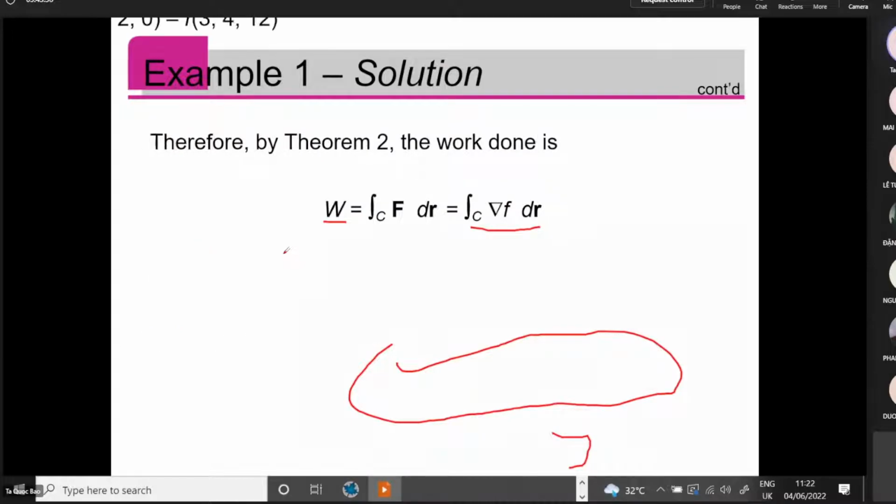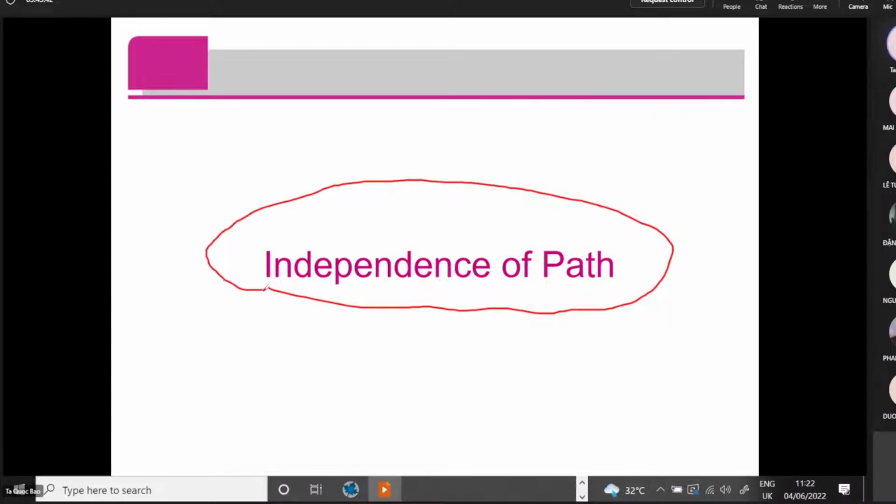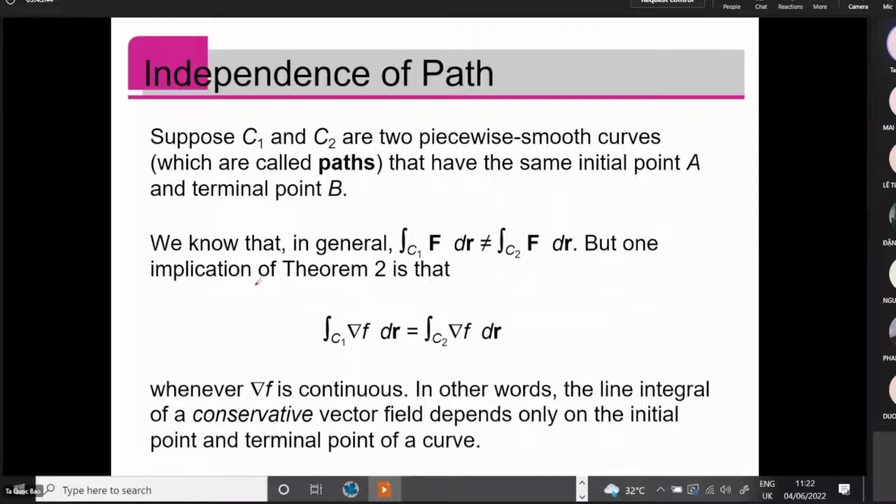Now, independence of path. This concept is very interesting and very important. Suppose we have C1 and C2, two piecewise smooth curves with the same initial point A and terminal point B. It looks like this.